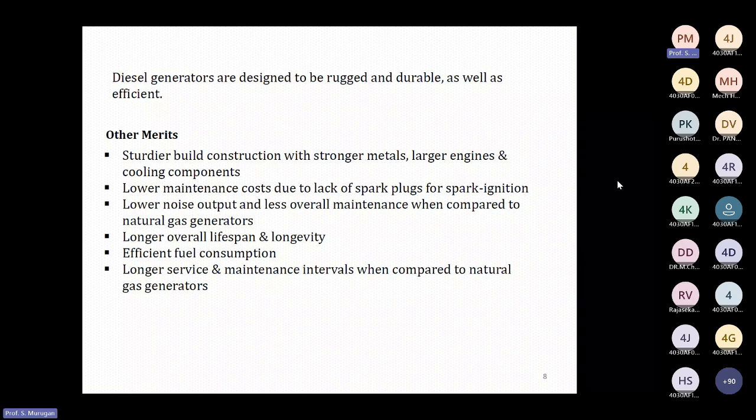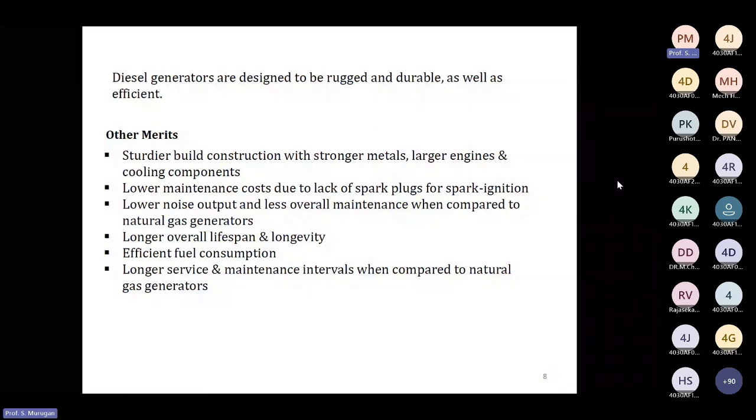Because of merits like sturdier, robust construction, low maintenance cost, low noise output, they are easily used in such applications. Apart from that, they also have longer lifespan and longevity.